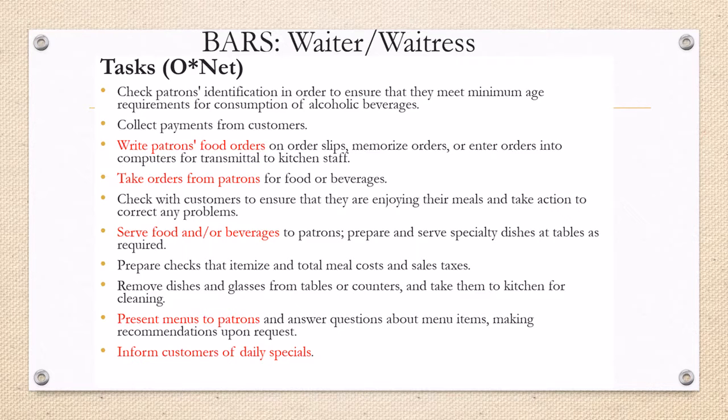This is probably not a good evaluation then, if we're just looking at taking and delivering orders. We'll have some major problems at the business if the waiter or waitress does not also collect payment. When we miss out on evaluating part of the job, we call it criterion deficiency with the evaluation method.